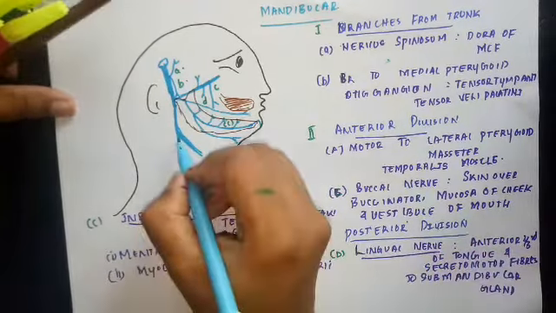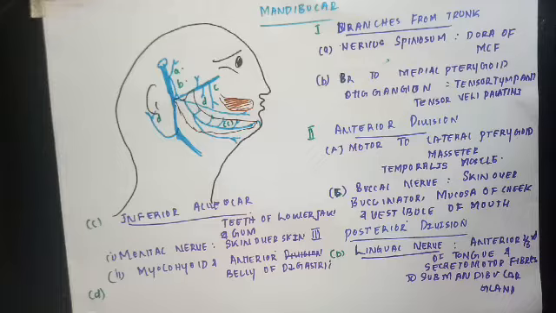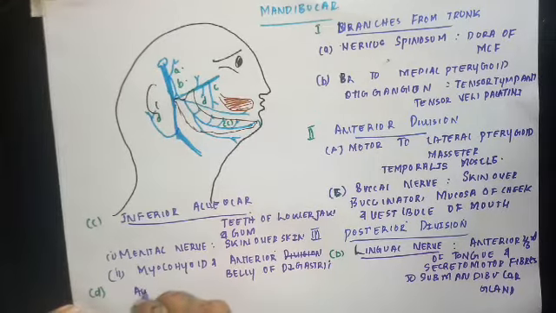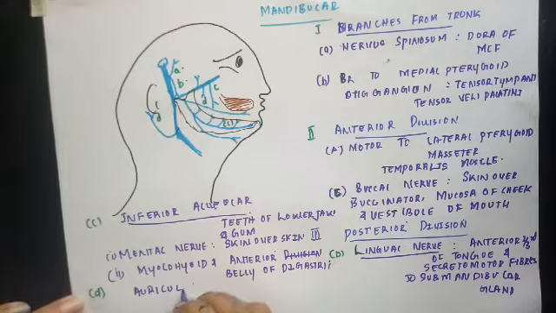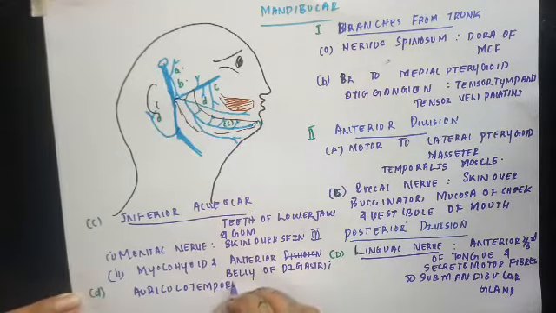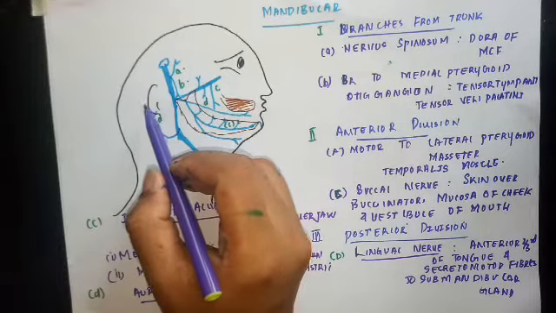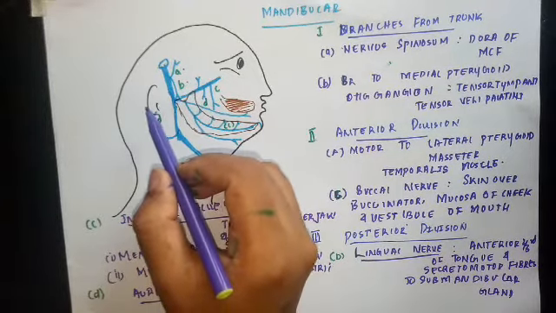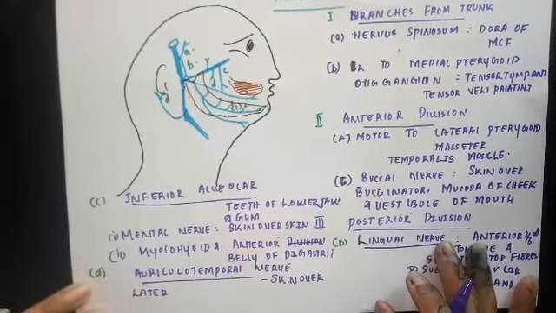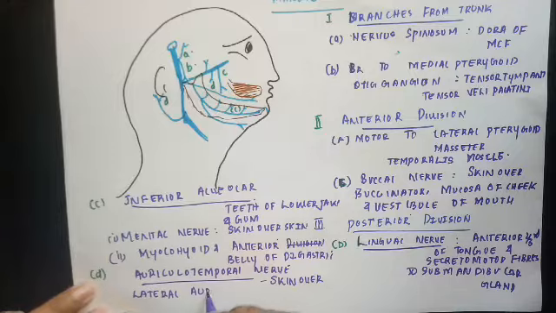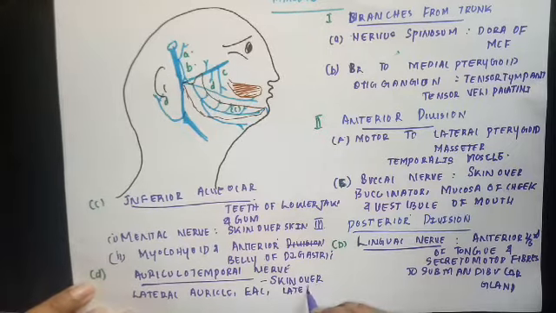This is labeled as D. The auriculotemporal nerve supplies the skin over the lateral aspect of the auricle, the anterior inferior portion of the external auditory canal, and the lateral part of the tympanic membrane.